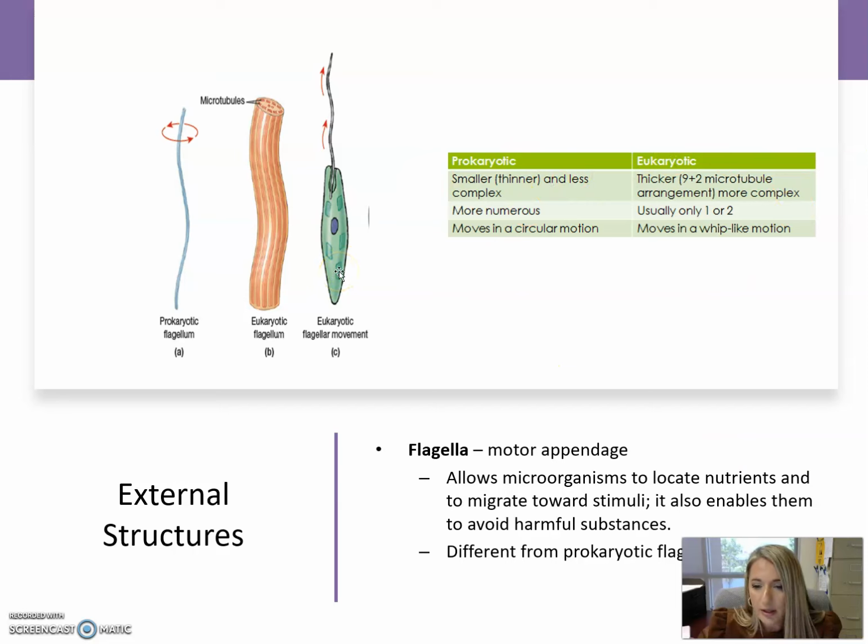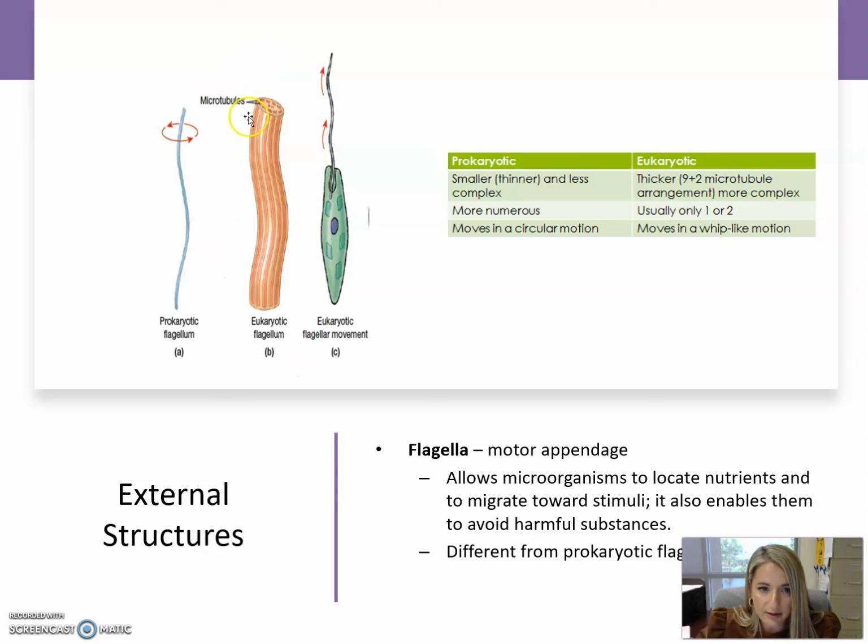If we're looking at a bacterial cell or a prokaryotic cell, their flagella are much smaller and much less complex. A prokaryotic flagellum is typically just one single filament. So this is what we're looking at here. It's just one single filament. Eukaryotic flagella are typically much thicker and much more complex, which is what we're seeing right here.